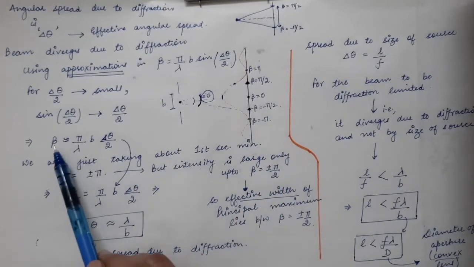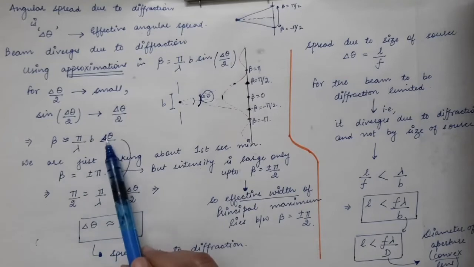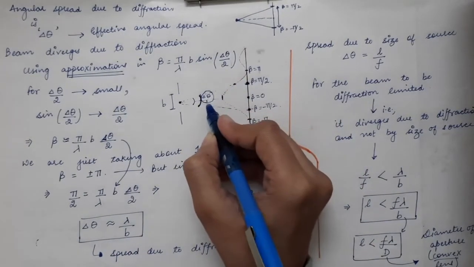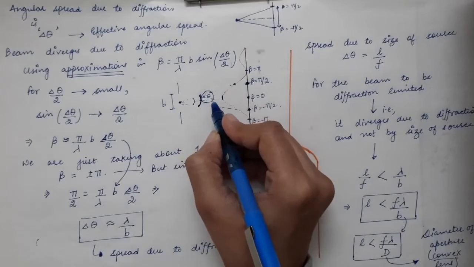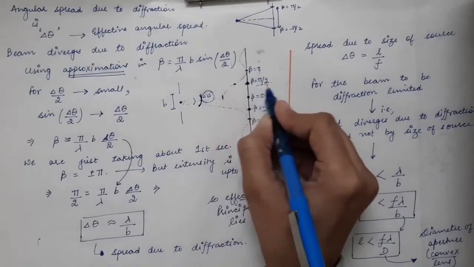Now when beta is equal to pi by 2, or you can also write minus pi by 2, what will be delta theta in that case? So we want to find this whole angle delta theta. So this delta theta comes out when beta is equal to plus minus pi by 2.